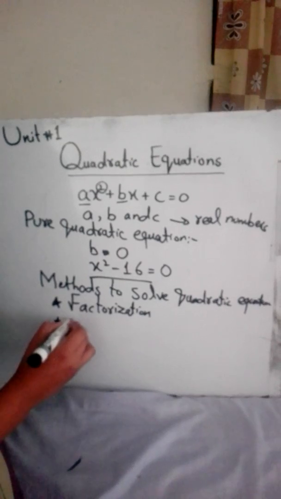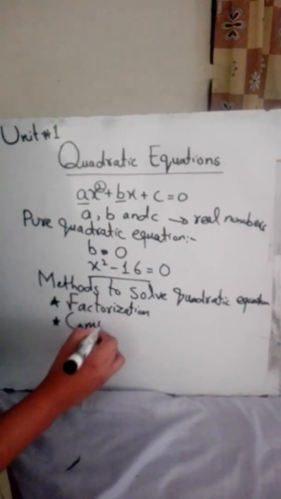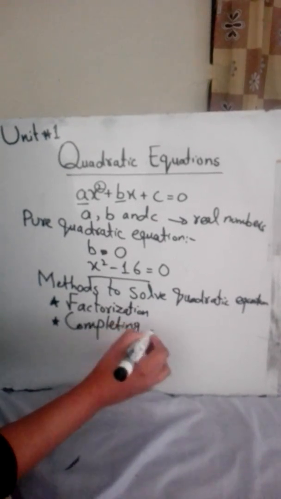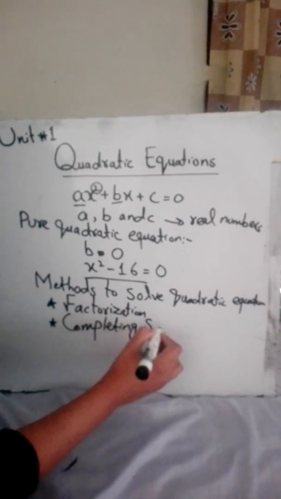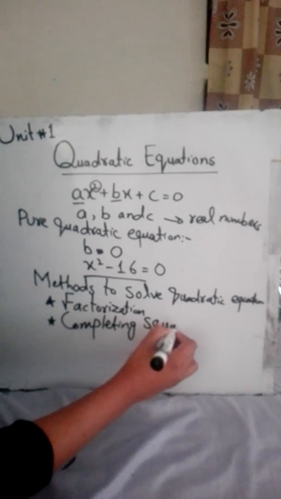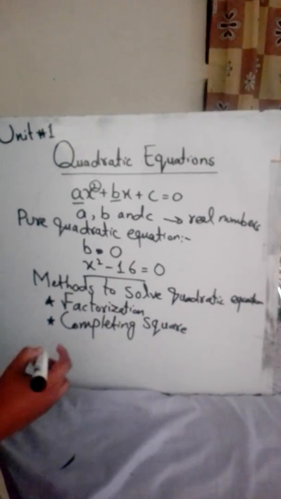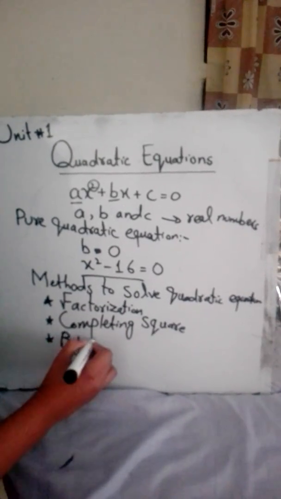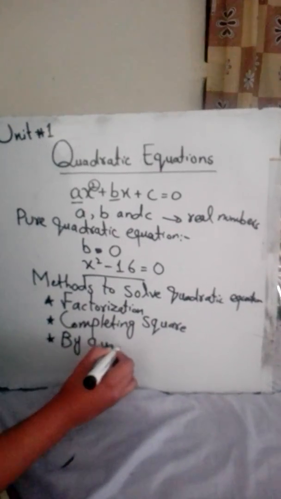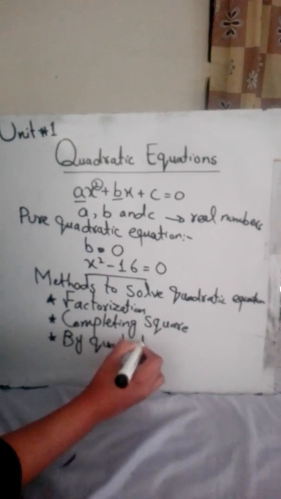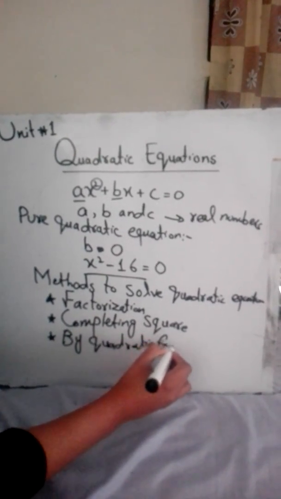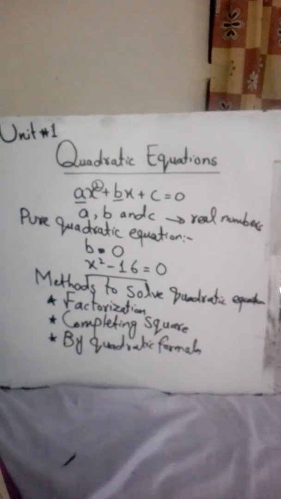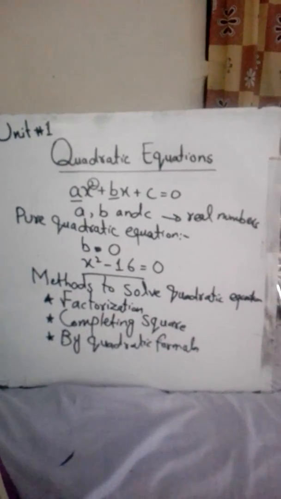Second one is completing the square. This is the method in which we simplify quadratic equation by completing the square, meaning a plus b whole square formula or a minus b whole square formula. And the third one is by quadratic formula. These three methods can be used to solve a quadratic equation.